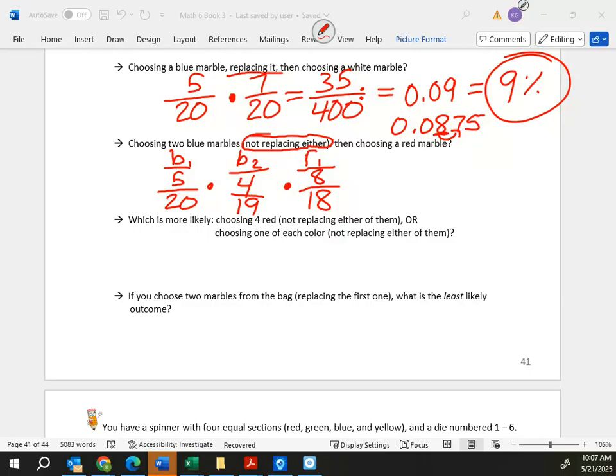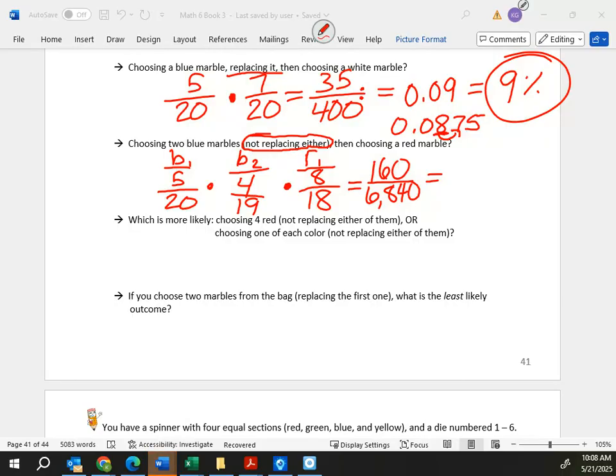So what decimal, or what fraction did we get when we multiplied all of those together using the correct numbers? James? 160 over 6,840. What decimal does that get us?